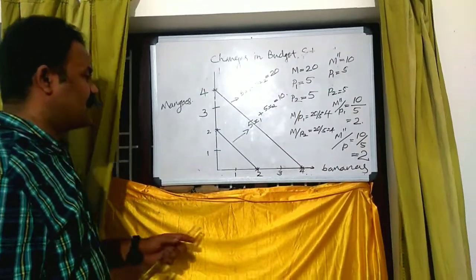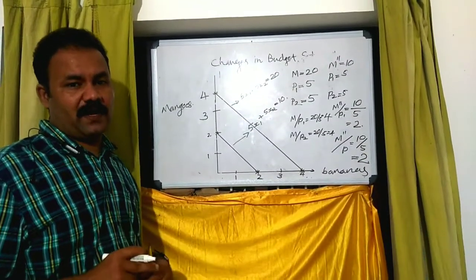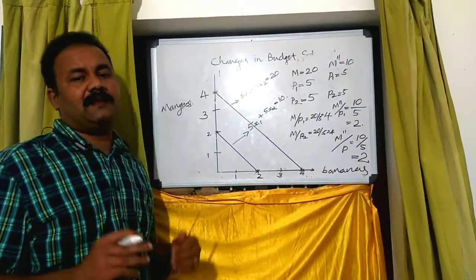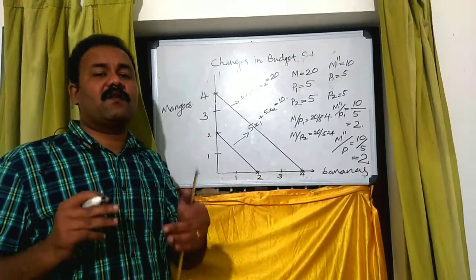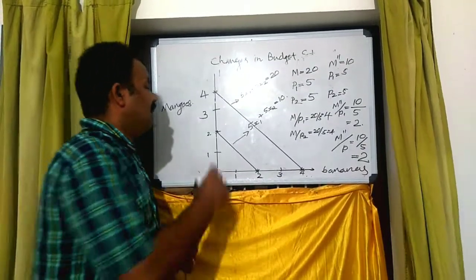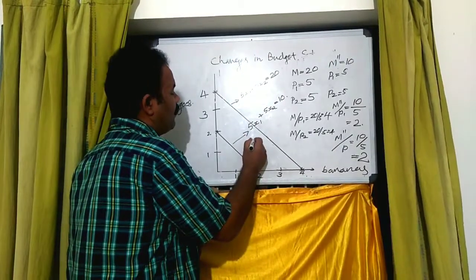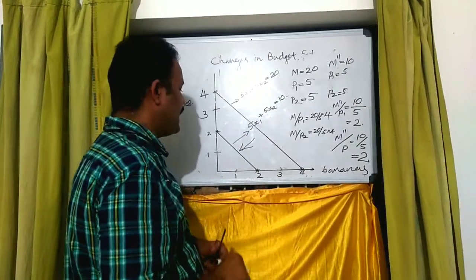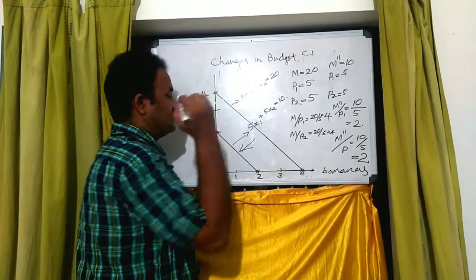Then, due to a change in the income of the consumer, while the prices of the goods remain the same, the budget line will shift downwards. Here we can see the budget line shift downwards.